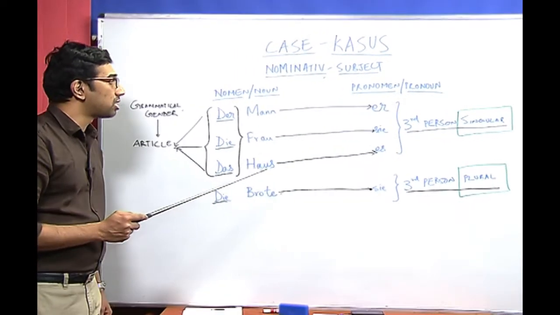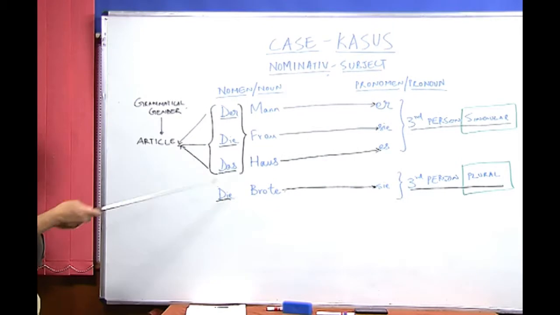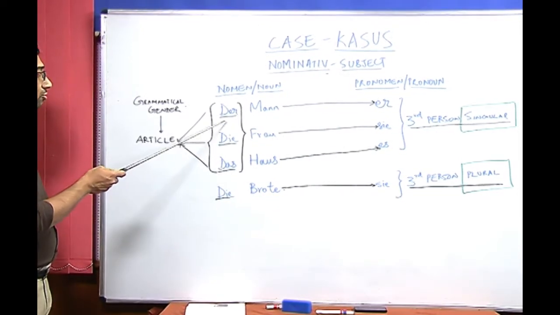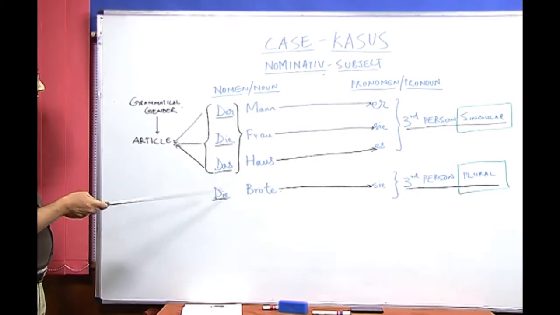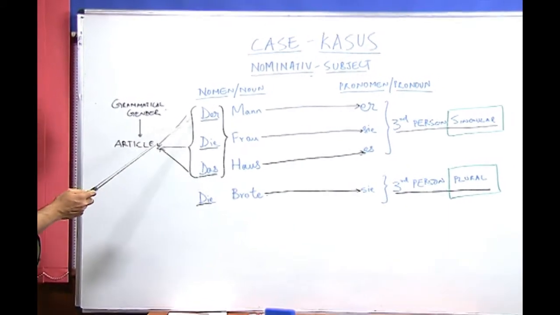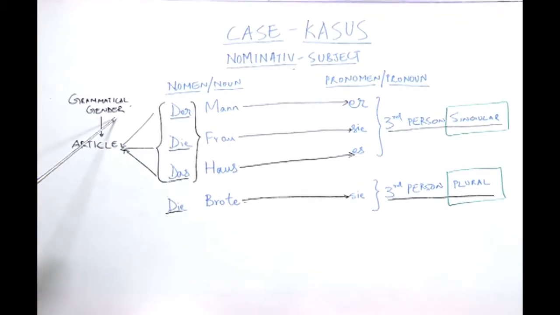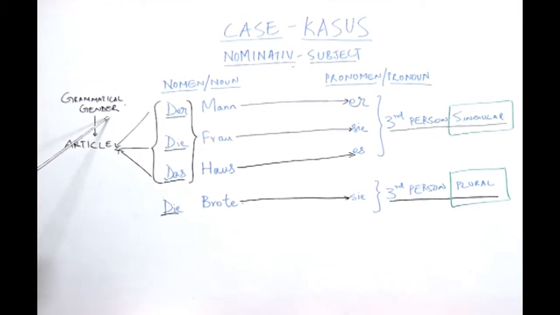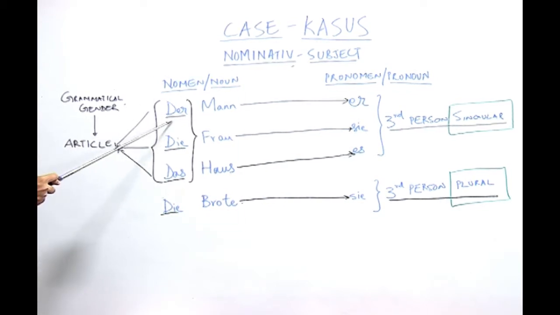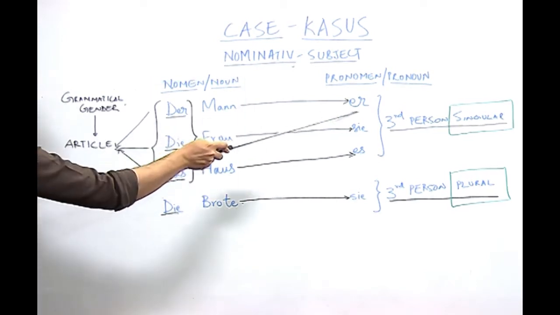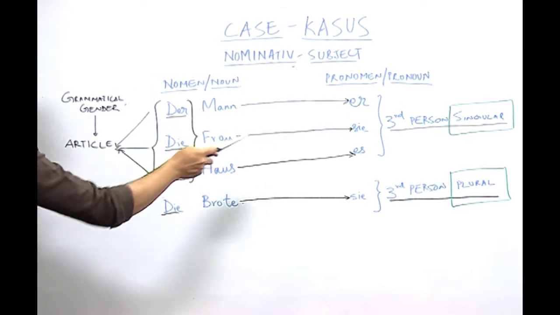In German, there are 3 articles, or let us say 4 articles, out of which 2 are the same, and these articles also mark the grammatical gender. Der Mann here refers to the masculine er.